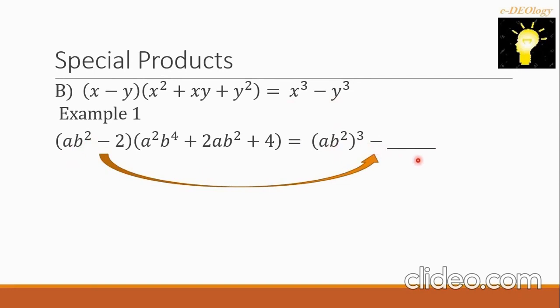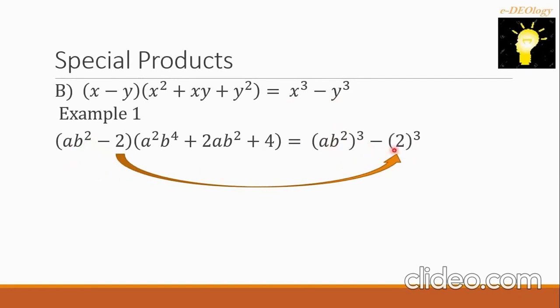And then for the second blank, the 2 is copied and then write the power 3. Then we will simplify now. So this term here becomes a cubed b raised to 6, and then minus the 2 cubed is 8. So our final answer is a cubed b raised to 6 minus 8.